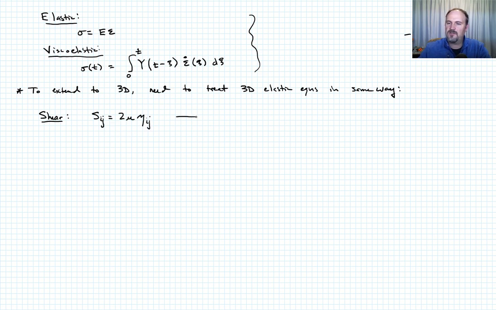To move to the viscoelastic regime, you might expect this becomes Sij as a function of time equal to a hereditary integral from 0 to t. Note that in this case there's a 2 out front, so we'll retain the 2 here. And now I'm going to write Y with the subscript s to remind you that it's a shear relaxation modulus, t minus c.